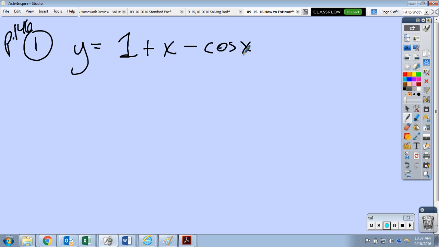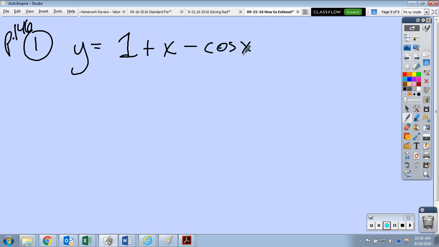It says the directions are to find dy/dx, find the instantaneous rate of change of y per instantaneous rate of change of x. Use your grapher to support your analysis if you are unsure of your answer.